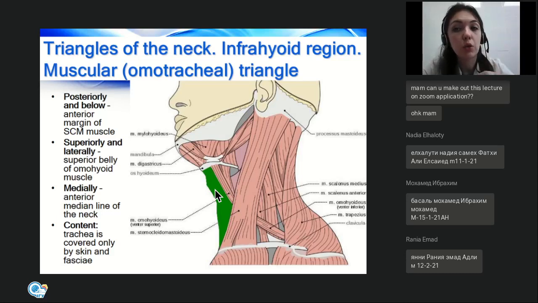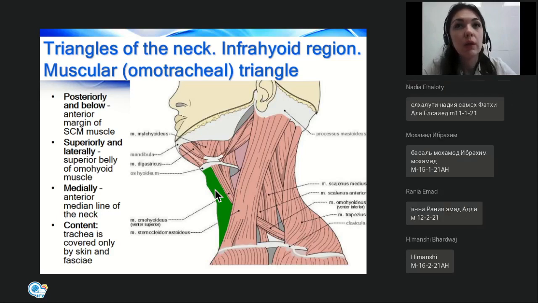It is a dissection of the trachea. And if we want to insert a tube inside the trachea, it will be a tracheostomy. So the omotracheal triangle is the best place to perform tracheotomy and tracheostomy because here the trachea is covered only by skin and fascia.